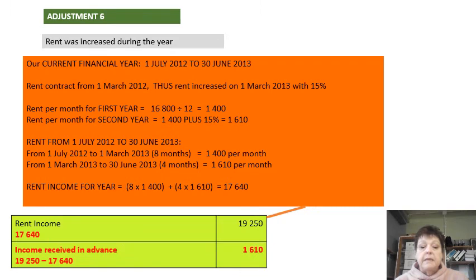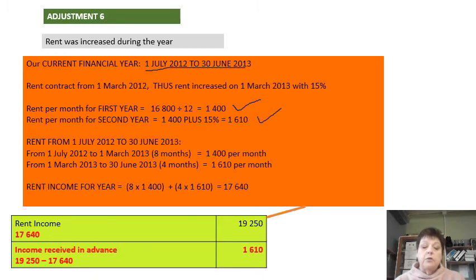Adjustment number 6 has to do with the rent. The rent increased during the past year. So we need to make sure this is our financial year and this is the rent year. The rent per month for the first year, you have to calculate the rent per month for the second year. Then we need to calculate how much money we were supposed to receive for rent in our financial year.